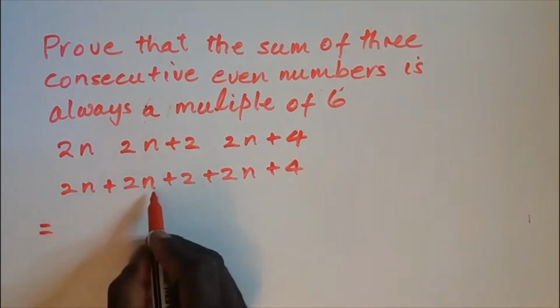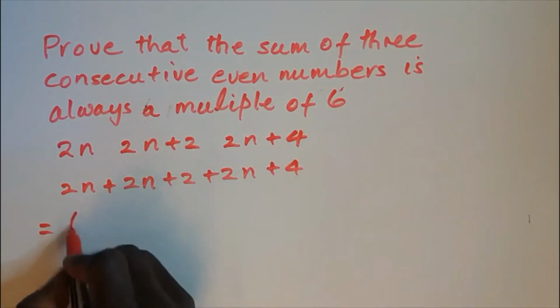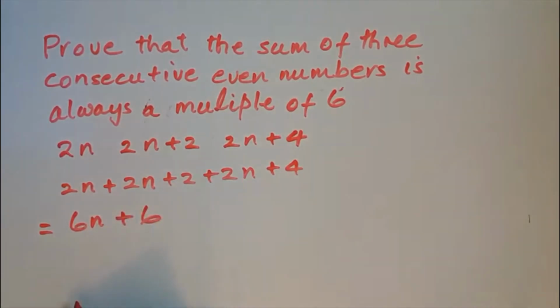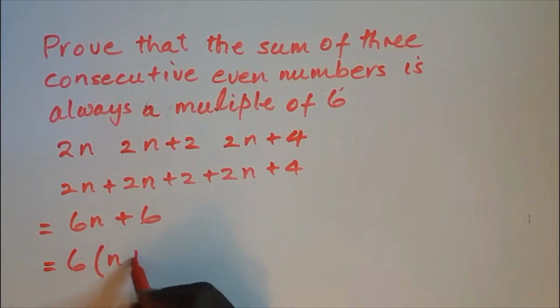This is equal to 6n add 6. And if we factorize, we can see that the sum of three consecutive even numbers is always a multiple of 6.